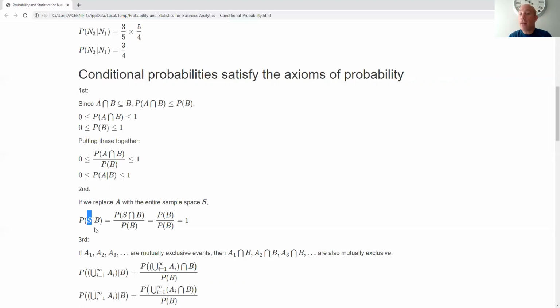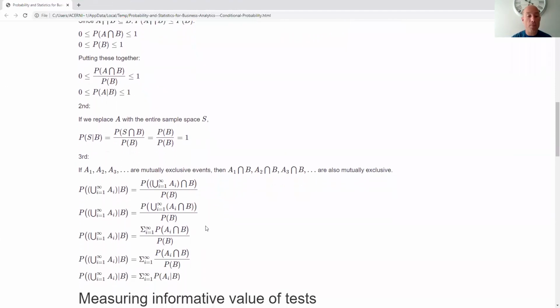So automatically, just from setup, we're in the sample space. So when I come to here, the probability of S intersect B, well, B is a subset of S, therefore this is just B. And I see that I have the same thing on top of itself in a fraction, therefore the entire probability is 1.